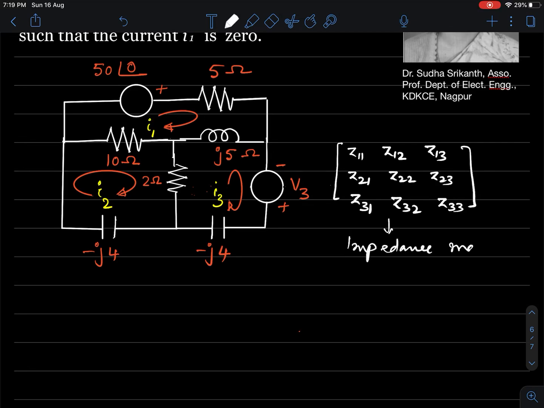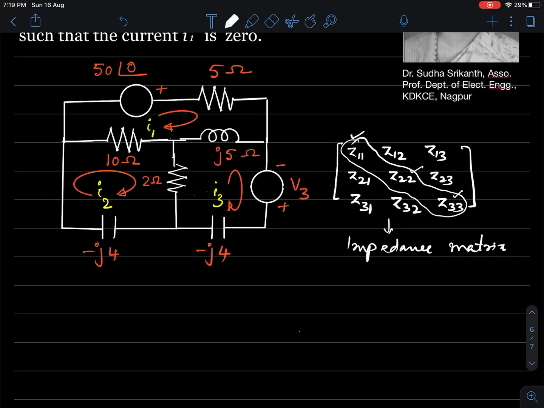Here Z11 is the sum of all the impedances of the first loop. Z22, another diagonal element, is the sum of all the impedances contained in the second loop or mesh, and Z33 is the sum of all the impedances contained in mesh 3. These are the diagonal elements, which are unique for any network.